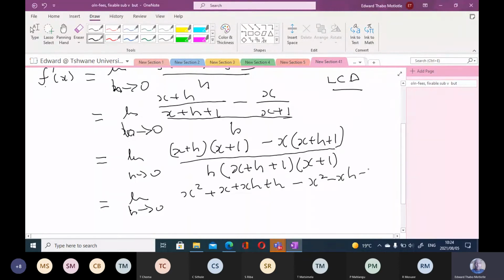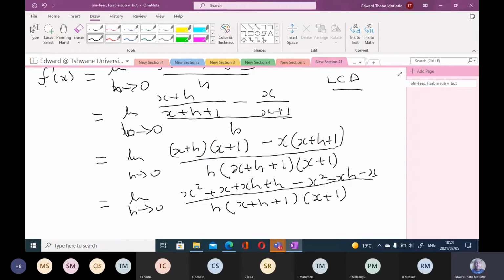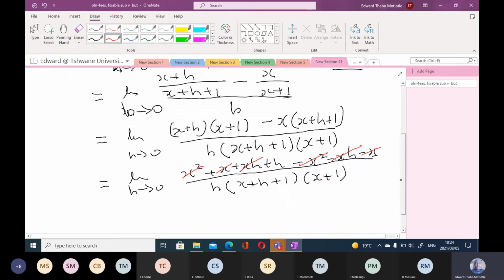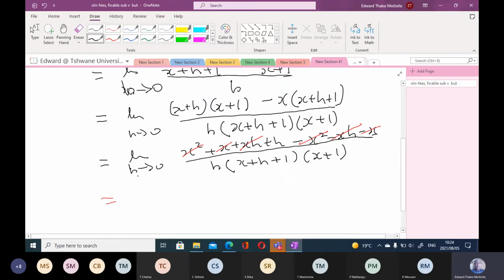Now if you look at this one, we are looking for the like terms. x squared cancels x squared, xh cancels this one, this one cancels this one. Now what is remaining there? We are remaining with the limit as h approaches 0, on top we have h over (x plus h plus 1)(x plus 1). Now we have h below, h and h cancel out.